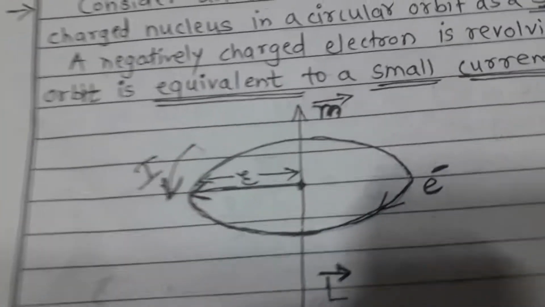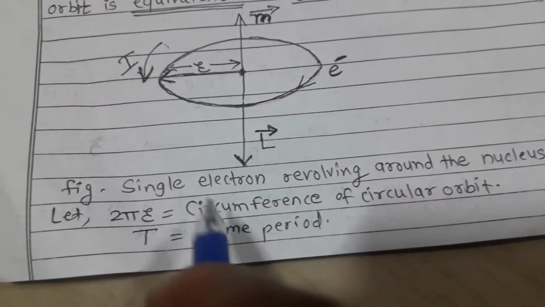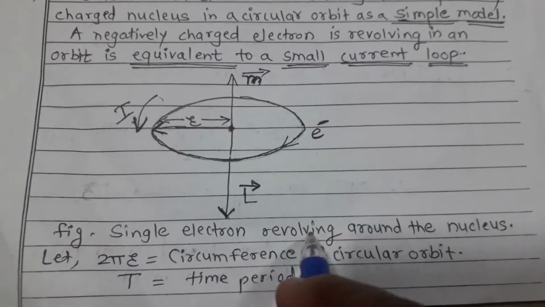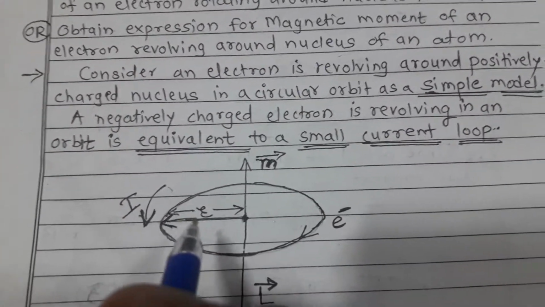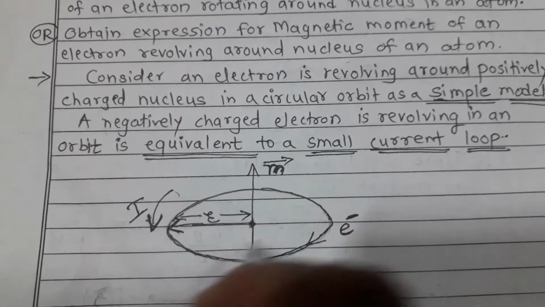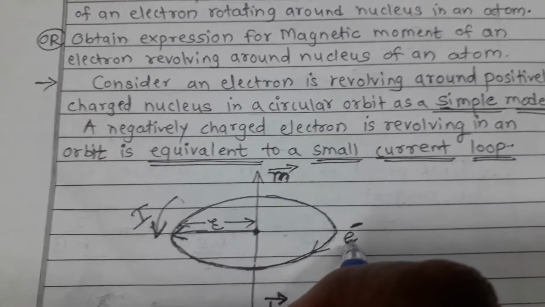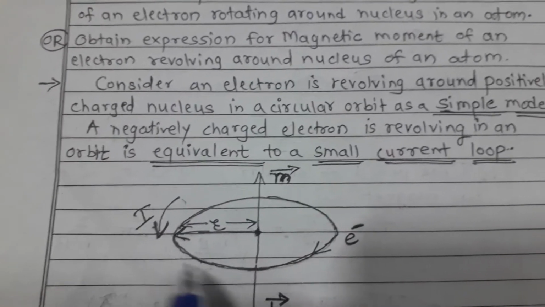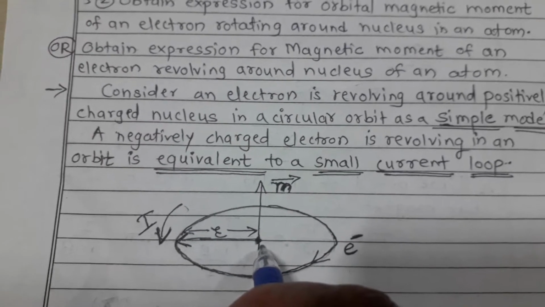Now see here the diagram or figure, that is a simple electron revolving around the nucleus. Here in the diagram, a loop is considered. Small r is the radius of this loop or circle. E is the electron revolving in anticlockwise sense around this nucleus, the central part of this is the nucleus.